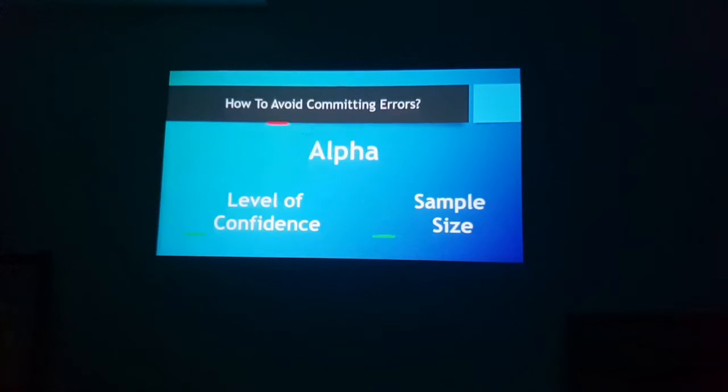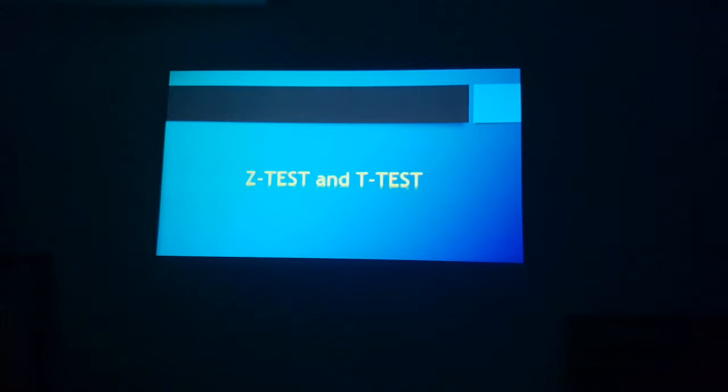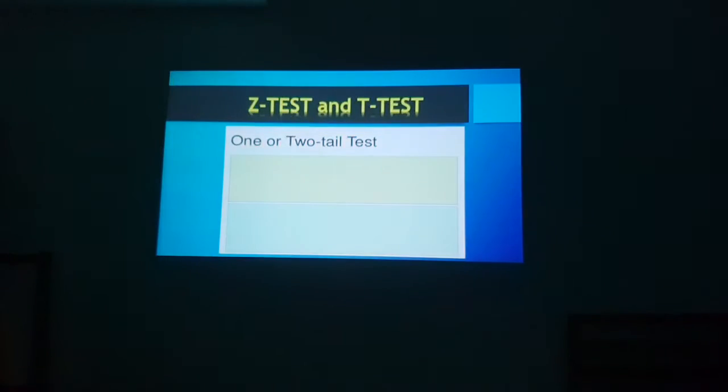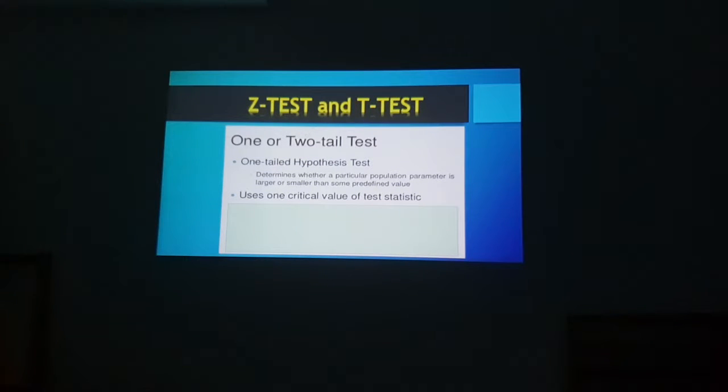Now that we have learned the type 1 and type 2 errors, let's proceed to the different types of tests. We have z-tests and t-tests. We should learn about these two types of tail tests. A one-tailed test determines whether a particular population parameter is larger or smaller than some predefined value.